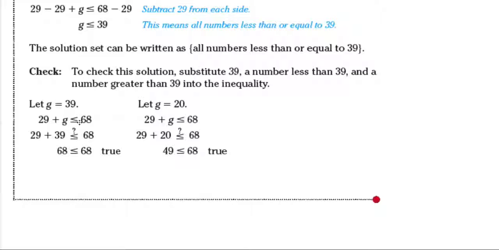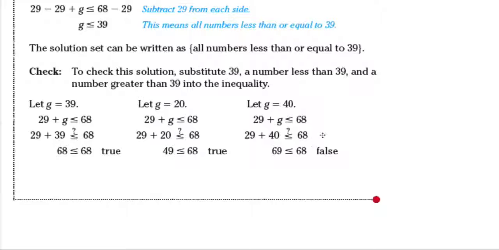We substituted two values for g that are less than or equal to 39. Now let's substitute a value for g that is greater than 39, which is 40. If you let g be equal to 40, we end up with 29 plus 40. Is it less than or equal to 68? No, it's not, because 69 is not less than or equal to 68.